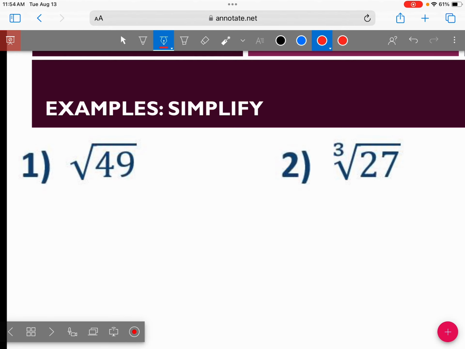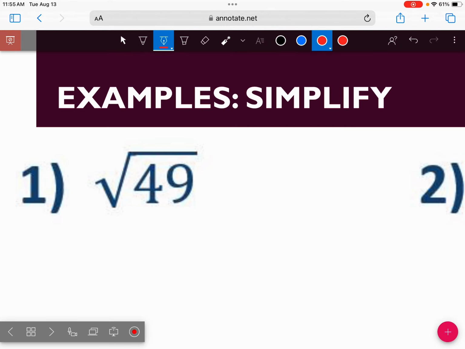So 49, so again, my invisible index is a 2. I'll zoom back out in a minute. We'll just do one at a time. So my invisible index is a 2, which means I need a pair. I need a pair of the same numbers. And do I have a pair? 7 times 7 is 49. Do you agree?